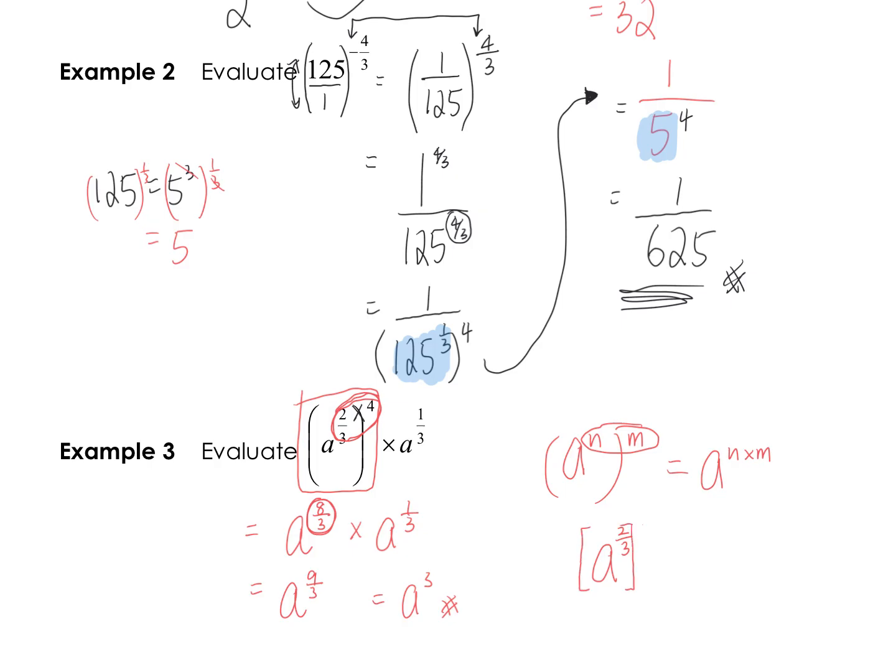I am subjecting this to itself 4 times. That's why I have 2/3 plus 2/3 plus 2/3 plus 2/3. So it's 4 times 2/3.